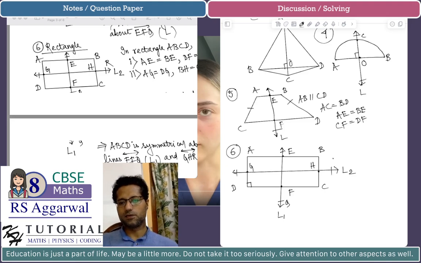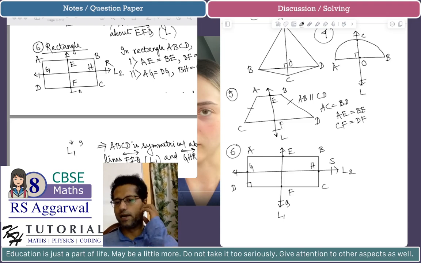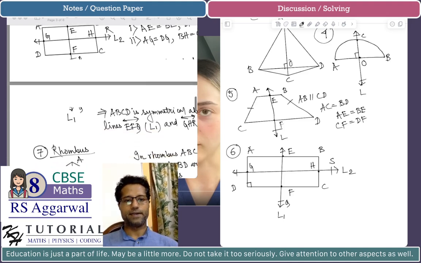Let's say this is S. So the line GHS, that is L2, is another line of symmetry of the rectangle ABCD. There are no other lines of symmetry. So a rectangle has two lines of symmetry, which are the lines joining the midpoints of the opposite sides. Okay, so this was a rectangle.